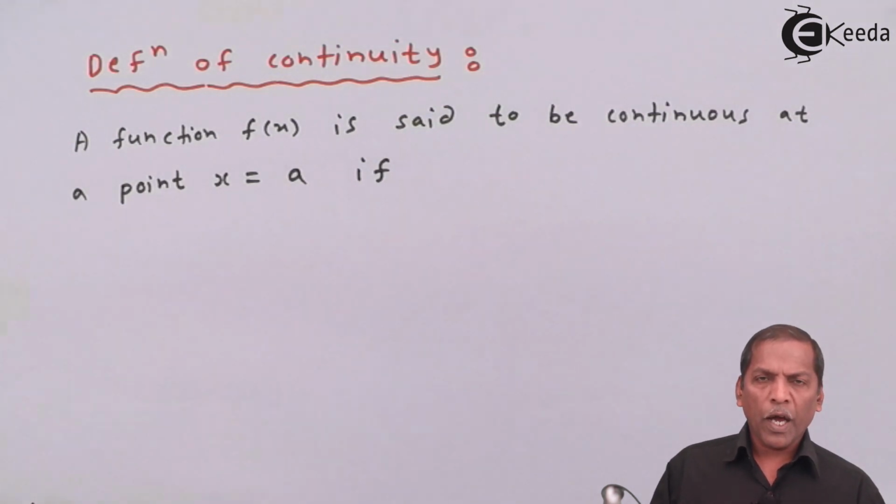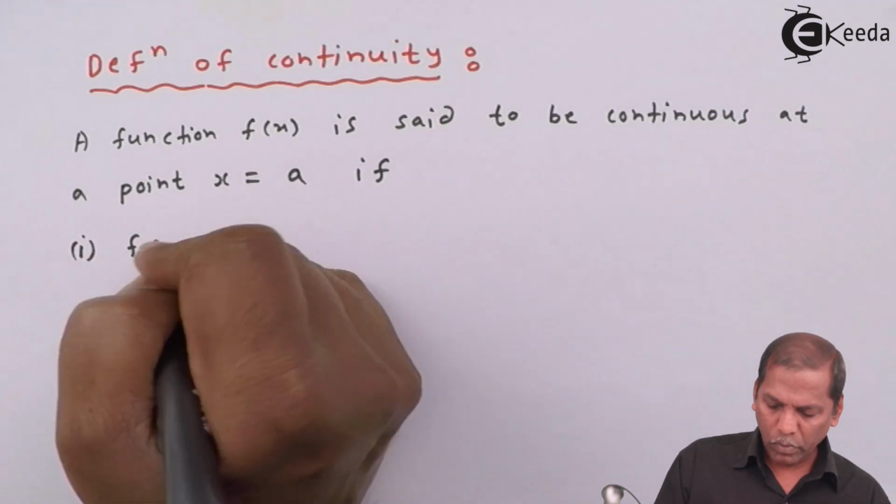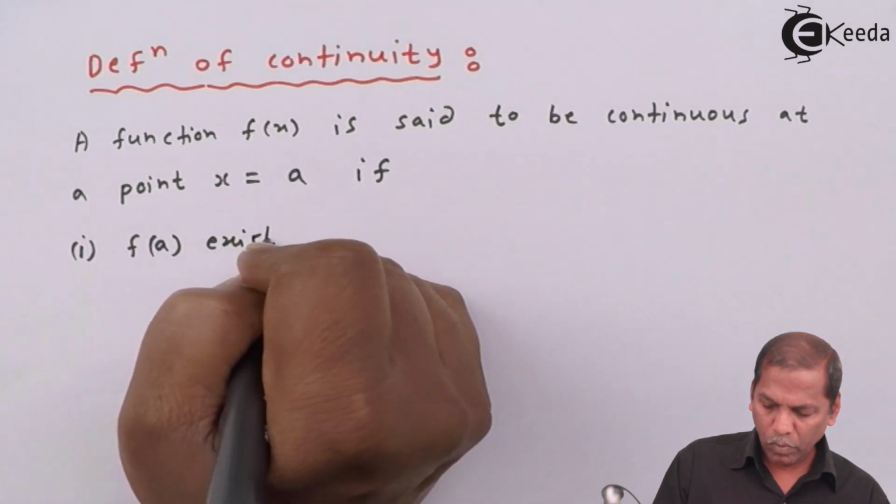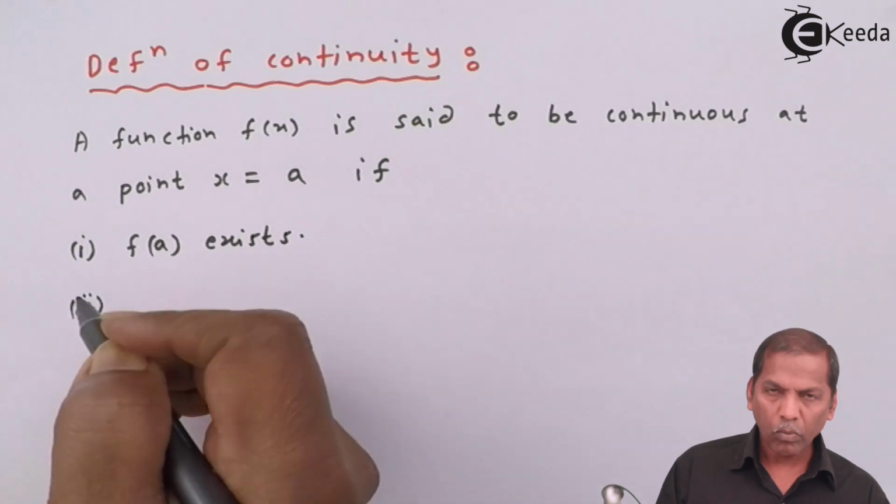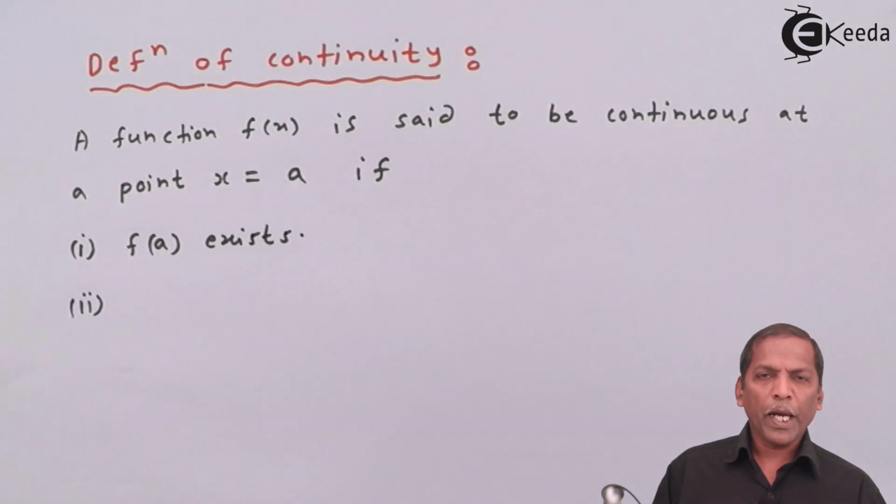Number 1, f(a) exists. Number 2, limit x tends to a+ f(x) exists, means a right hand limit exists.